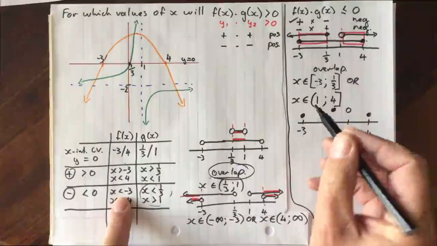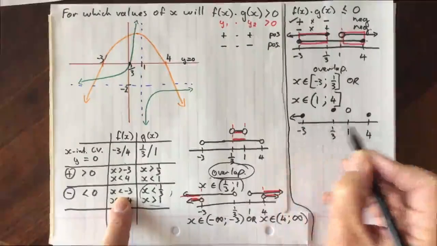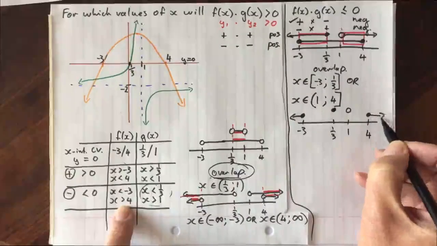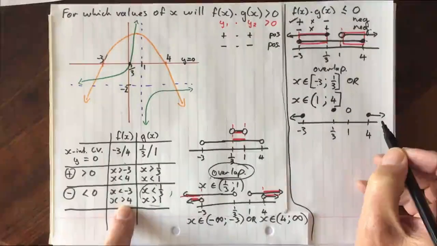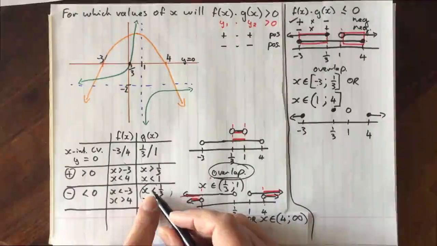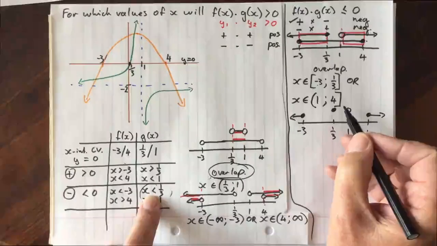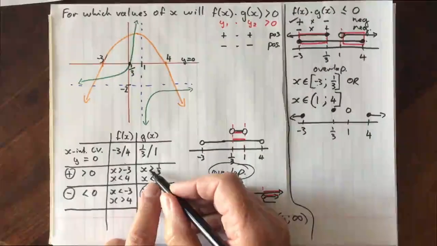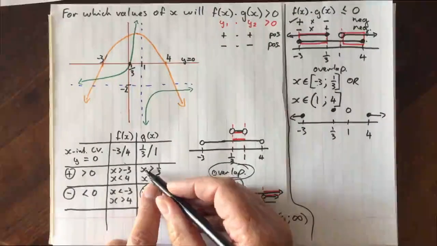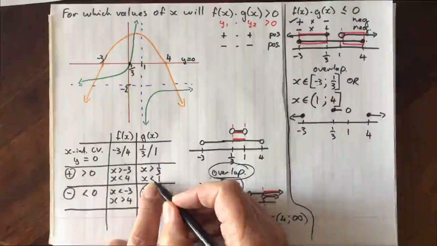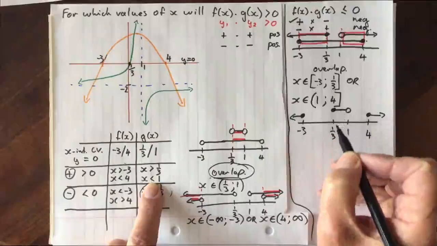It's just the other way around. x less than -3, x more than 4, and here we have x less than a third. Let's see, sorry, not that one over there. We need to look at a positive. x greater than a third and less than 1, so that one over there.